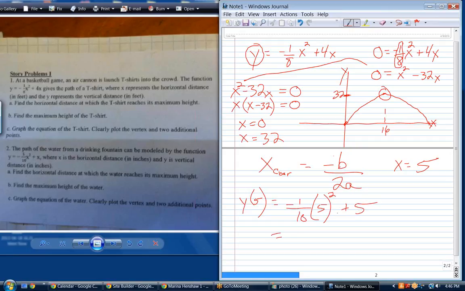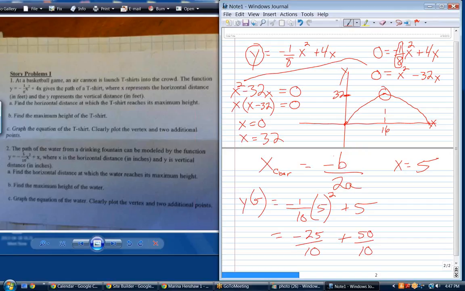Help me do this math. So you get negative 1/10 times 25 plus 5. Okay, negative 1/10 times 25 is what? Negative 25 over 10. And then plus, to add 5 to it, I'm going to make it 50 over 10 to give it the same common denominator.